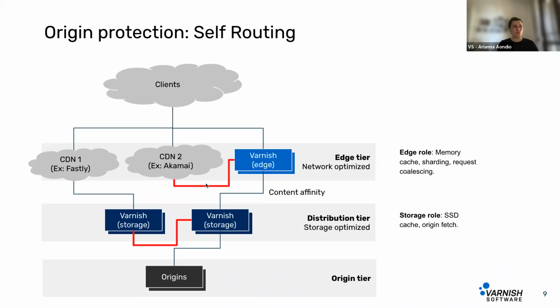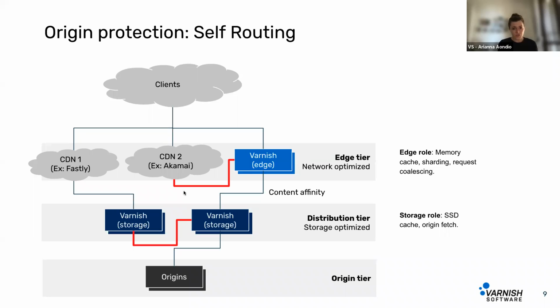So we need to make sure that every single node and every single solution within the CDN ecosystem is aware of other POPs or other nodes. Self-routing in this diagram is represented by the red connectors. And the idea behind it is pretty simple. Before going to the origin servers, we want the POPs to check one against each other if the content is available.